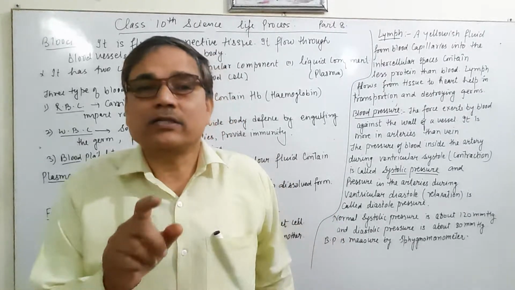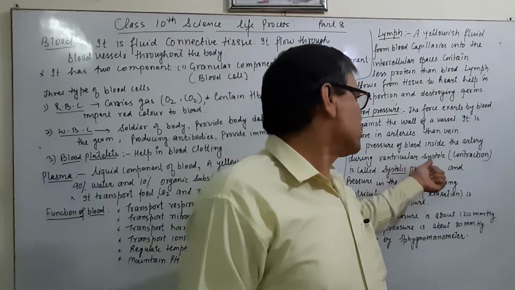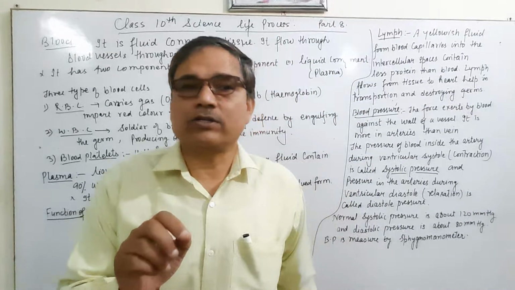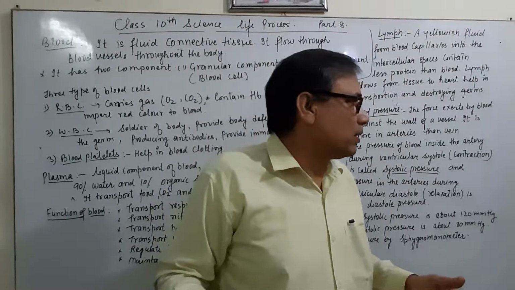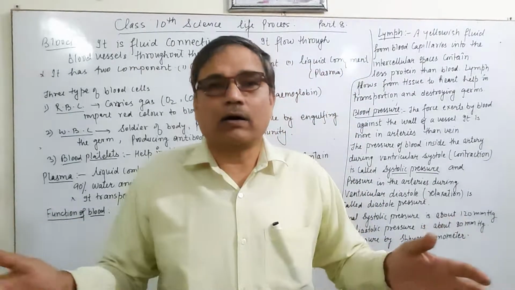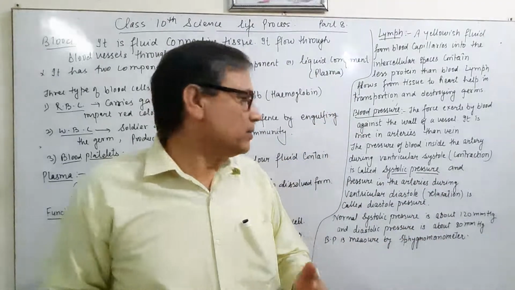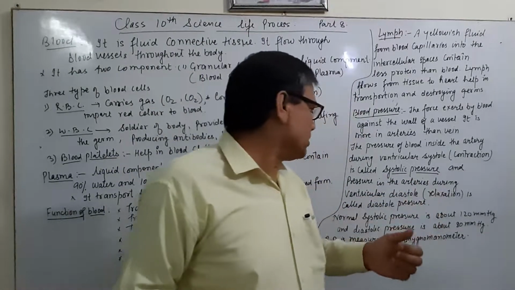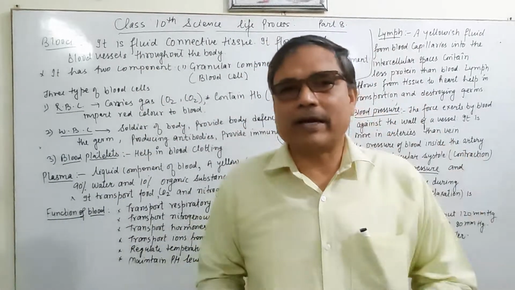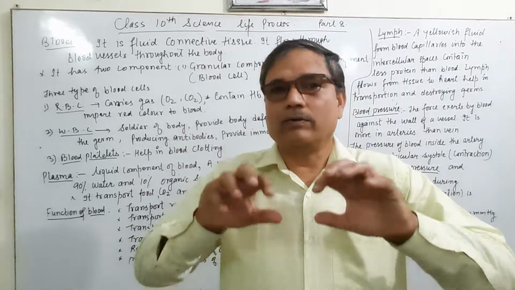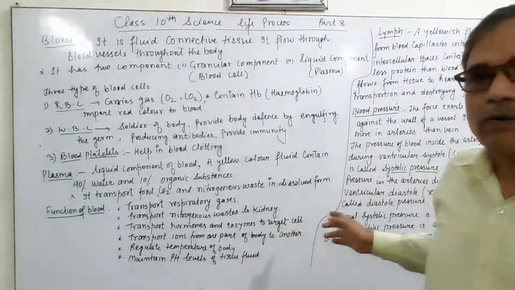The pressure exerted by blood at the time of contraction is known as systolic pressure. The pressure in the arteries during ventricular diastole, at the time of relaxation of the heart, is known as diastolic pressure.